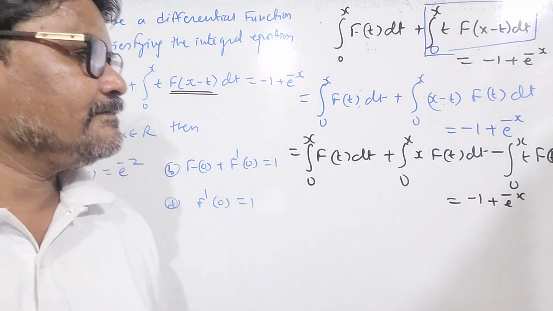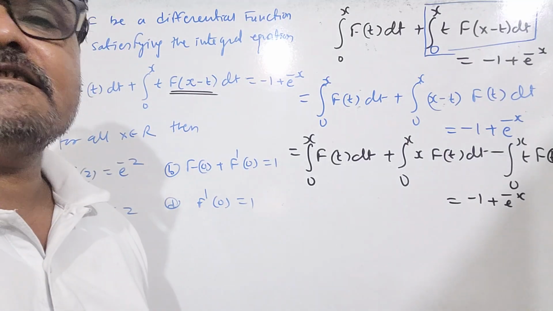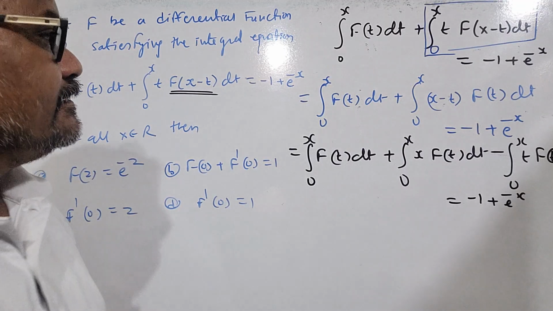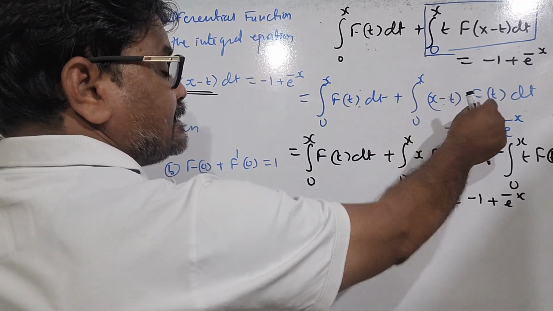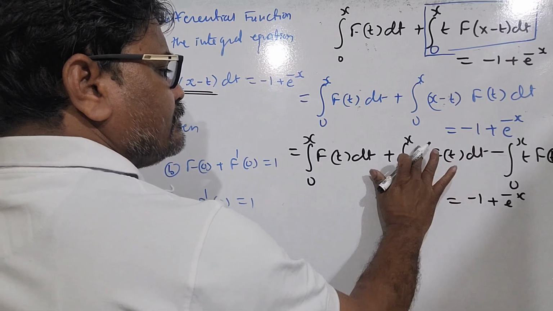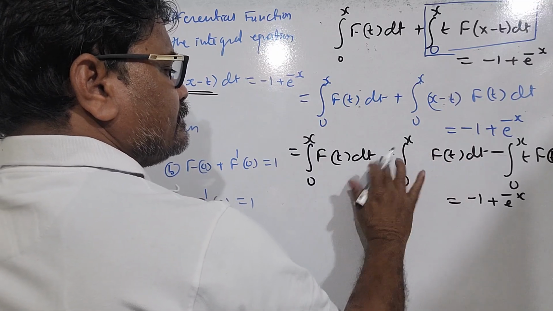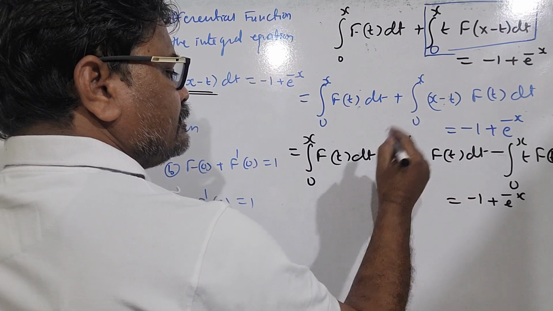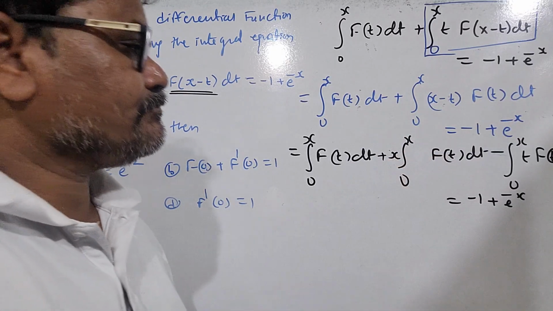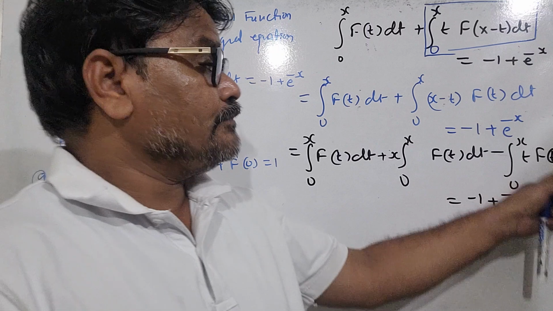Correct? So this is interesting. I have separated (x minus t) into f(t) dt. x I can take common because x is constant here, so I can take it out of the integration. So this is simply f(t) dt, and this is t into f(t) dt.